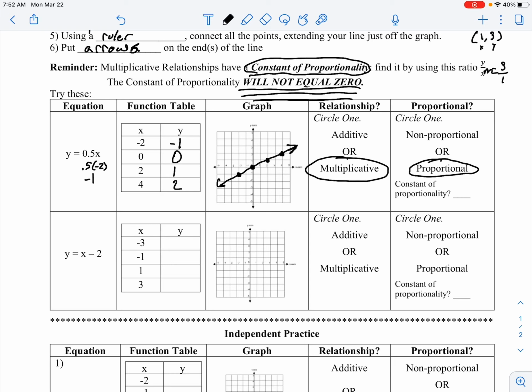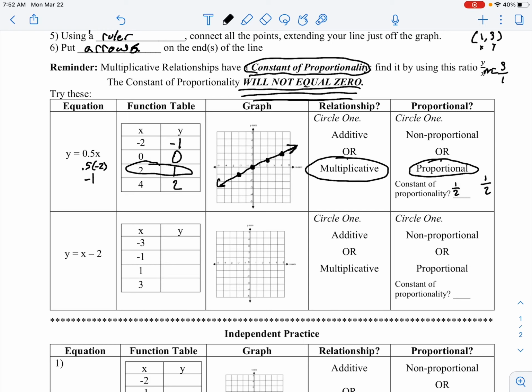And our constant of proportionality here, well, we could divide y by x, so let's do that. Let's pick this point here to test out. Our y value was 1, and our x value was 2.